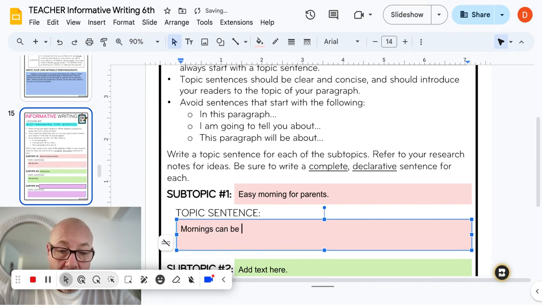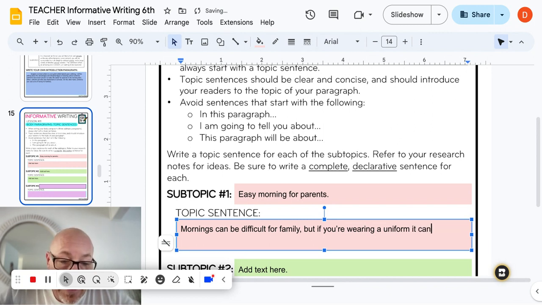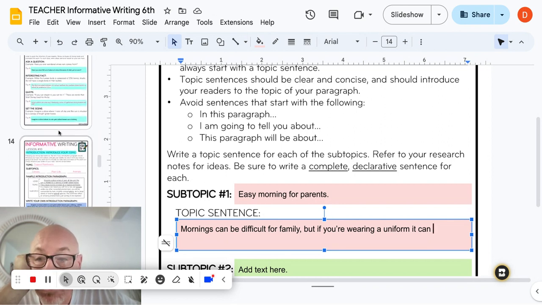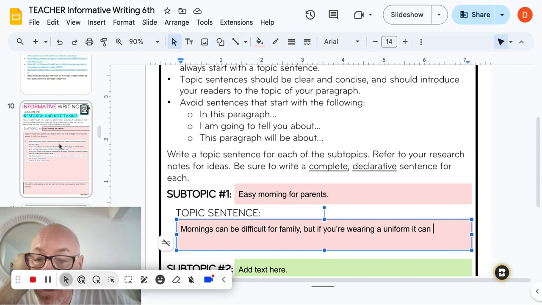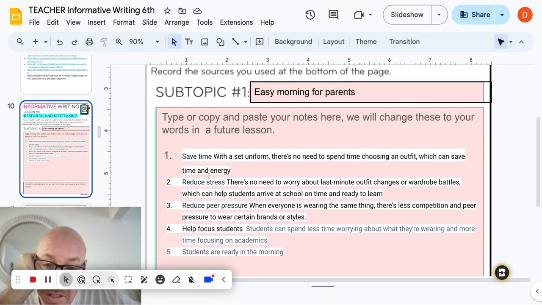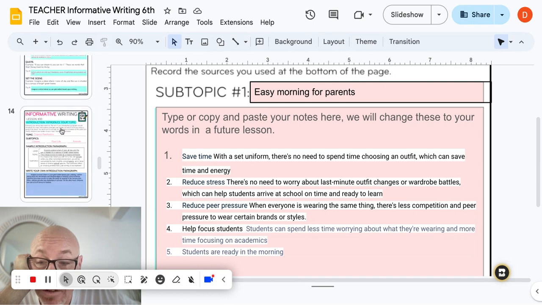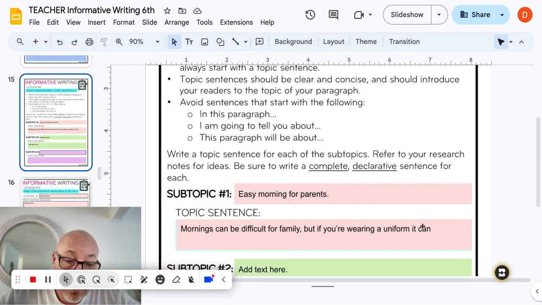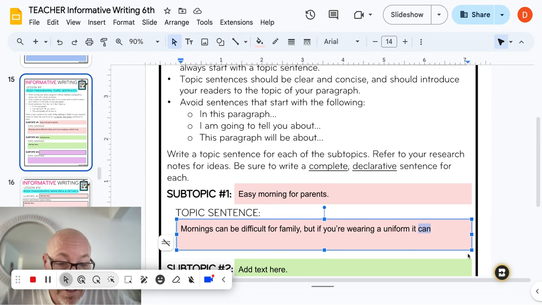Mornings can be difficult for families, but if you're wearing a uniform, it can. Now watch what I'm going to do. I'm going to take 3 things from my information right up here, just 3 words. The first words are, I'm going to say save time or reduce stress, and help focus students. I'm going to take those 3. And those are going to help lead in to my paragraph.